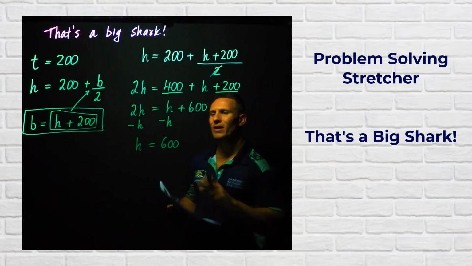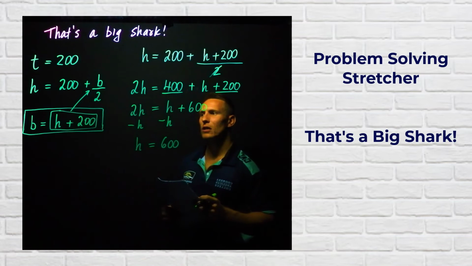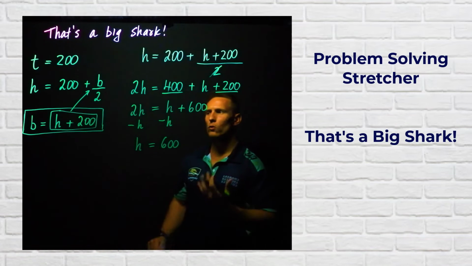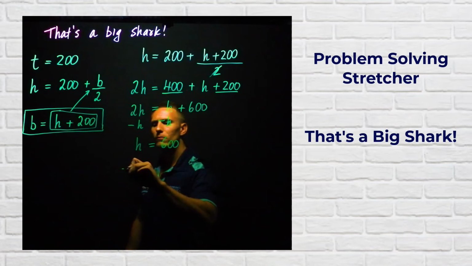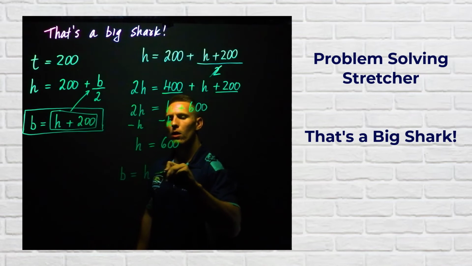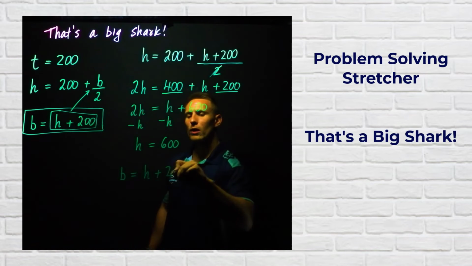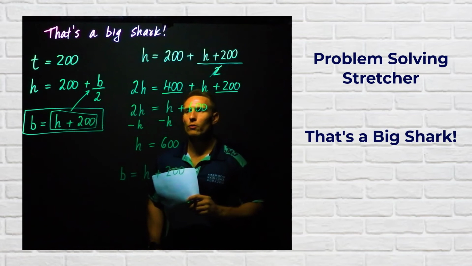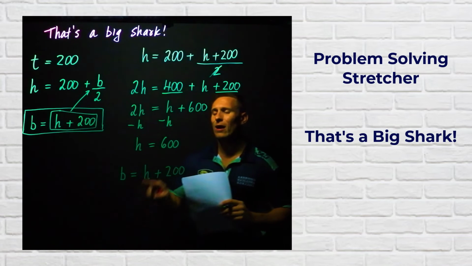So what we're going to do, we now know that h is equal to 600, so we're going to substitute this back into our equation in order to solve the weight of the body. So we have B, the body, is equal to the head plus 200. Now remember when we took the t away here and we put 200 in place of it? That's what we're going to do now, but for h.